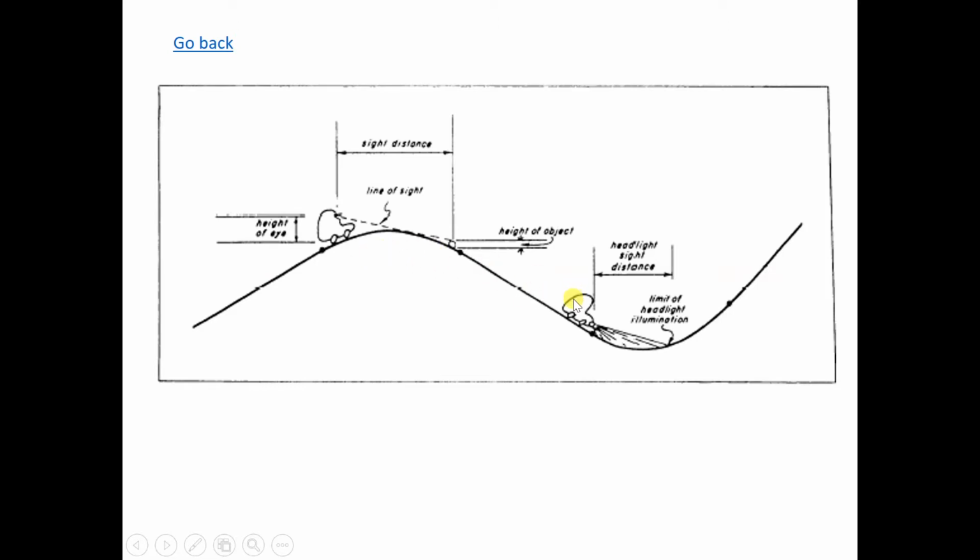On a straight line you can see quite far ahead, but on the vertical curve, if there's a chance of overtaking, they need to provide this safe overtaking distance as well.